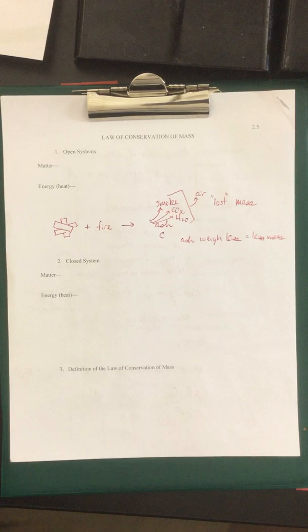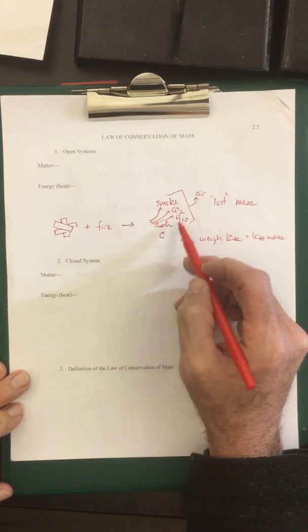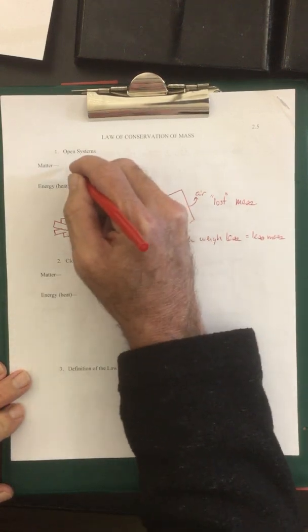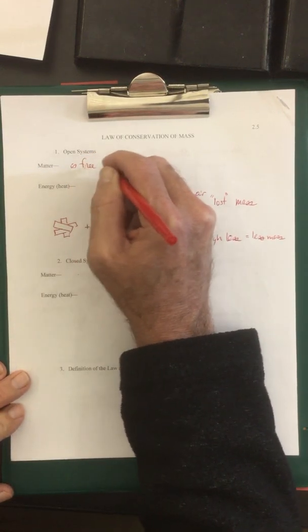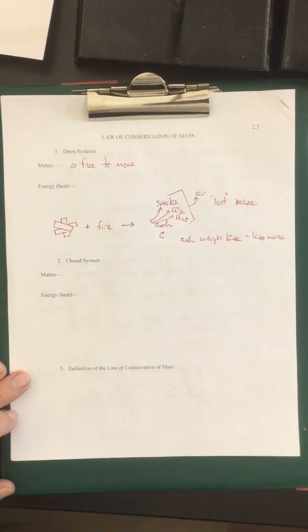This is what an open system is. In an open system, matter, so the matter of the carbon dioxide, the water, and the smoke particles, matter is free to move. And also, we can say the same thing about the energy.